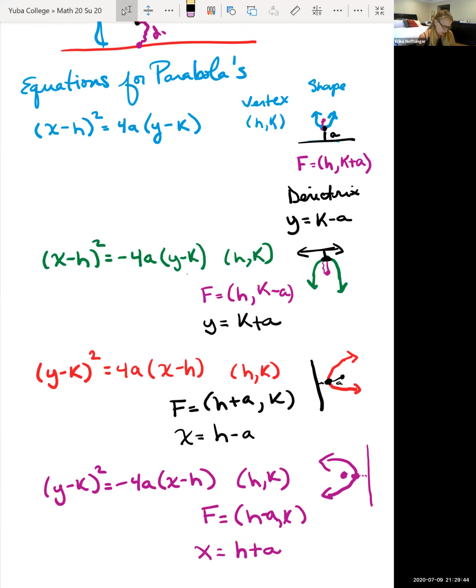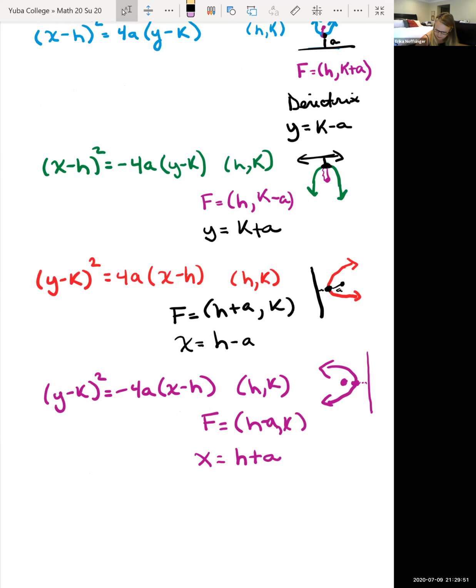I just want to do one example before we take a break. Okay, so let's say it says find the vertex, focus, and directrix of each parabola.